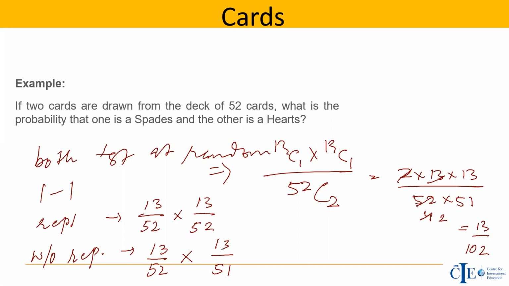Okay, now if you solve it like this, you see all three are different, right? But there's a catch. The second and the third ones are not the correct answers. If you have solved it with replacement or without replacement, 13 on 52 into 13 on 51, that's wrong. Can you tell me what's missing in this case?